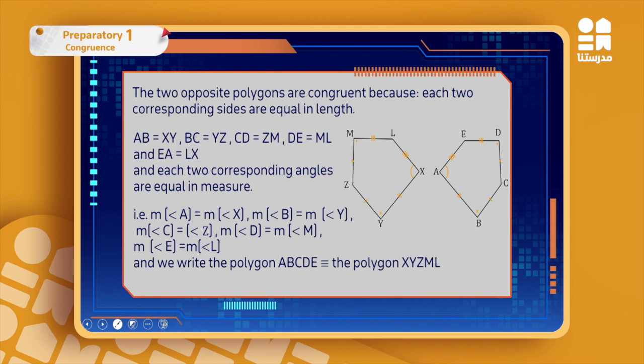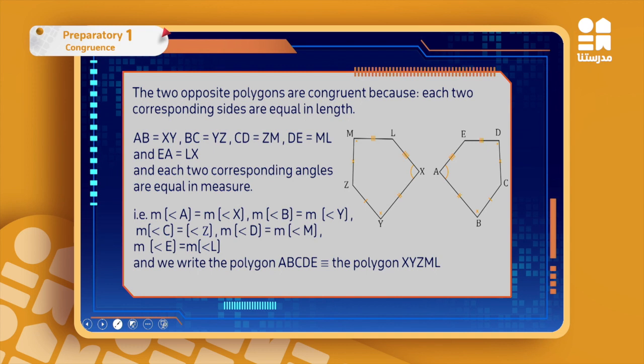Because we have the same measurement for both, and the same for E and L, the same for B and Y, the same for C and Z, D and M. The measurement of angle A is equal to the measurement of angle X. The measurement of angle B is equal to the measurement of angle Y. And then the measurement of angle C is equal to the measurement of angle Z. And the measurement of angle D is equal to the measurement of angle M. And the last one for angle E and angle L.